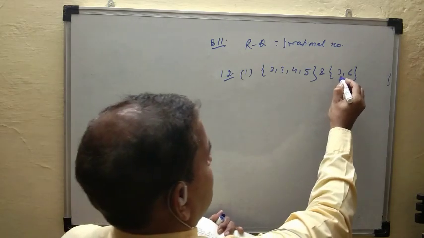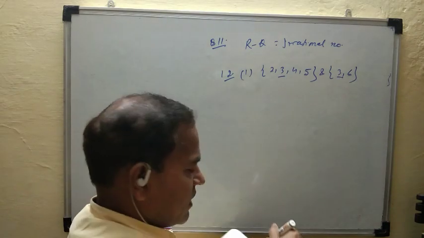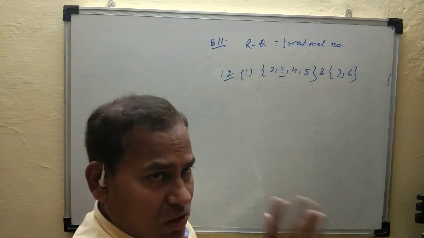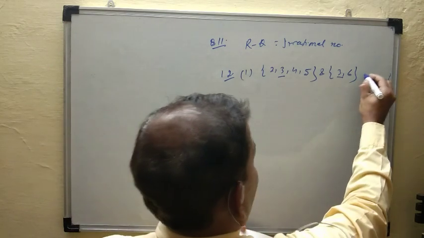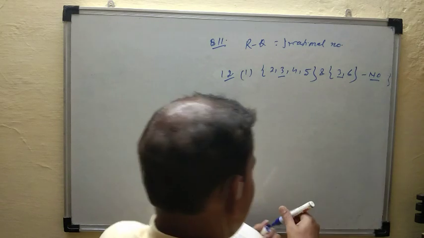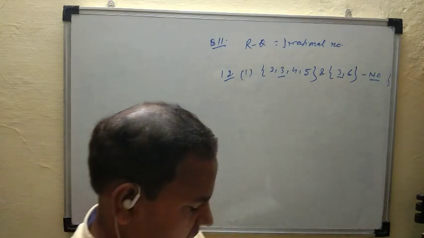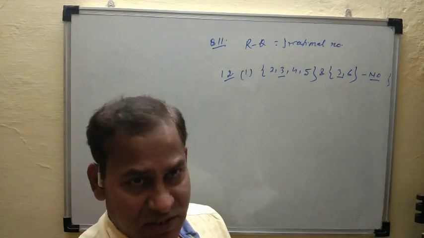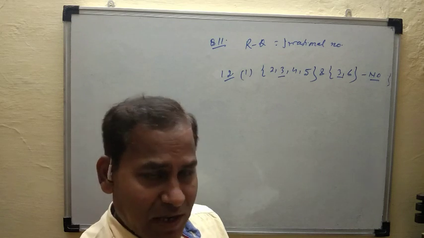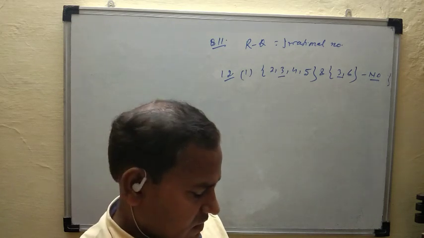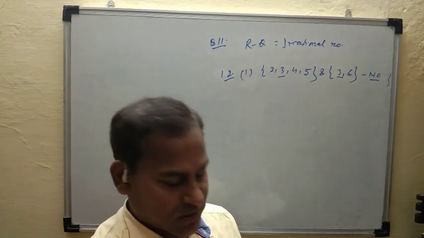Since 3 is a common element, it is not disjoint. You will check the same way, find the intersection. If there is no common element, then the sets are disjoint.